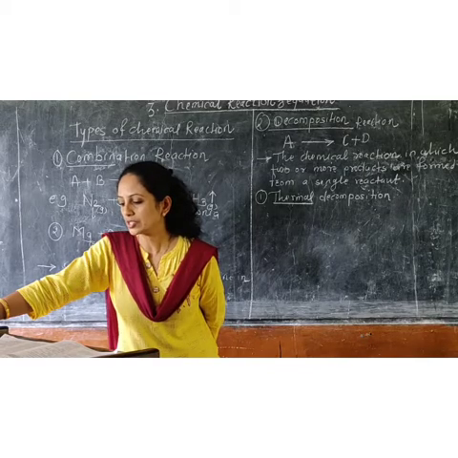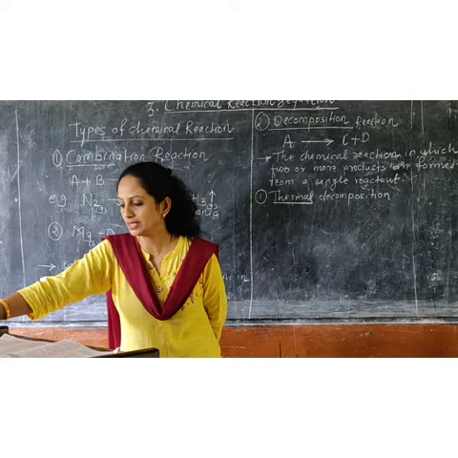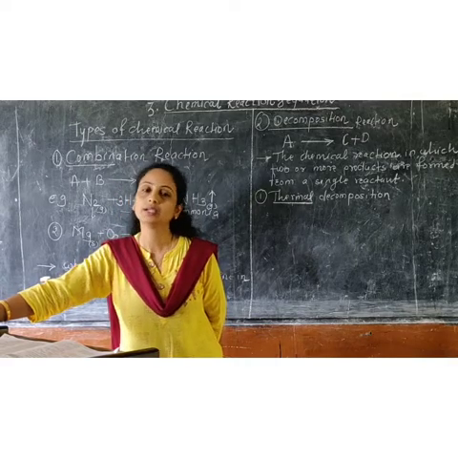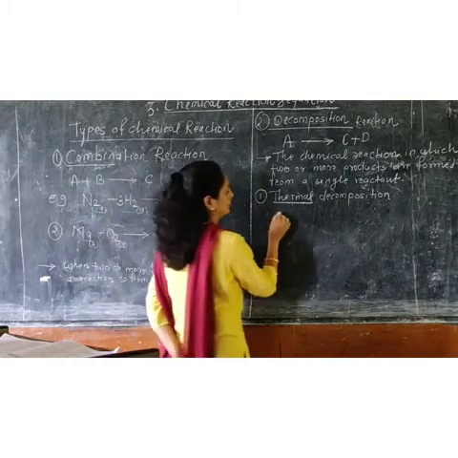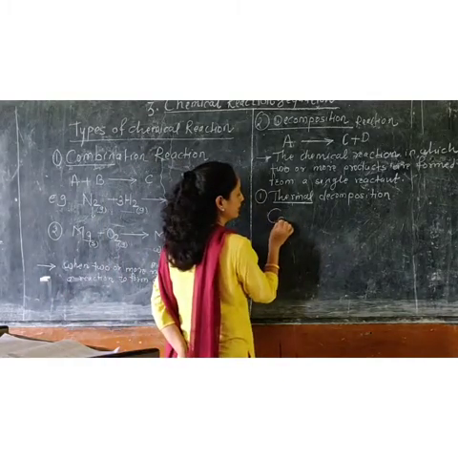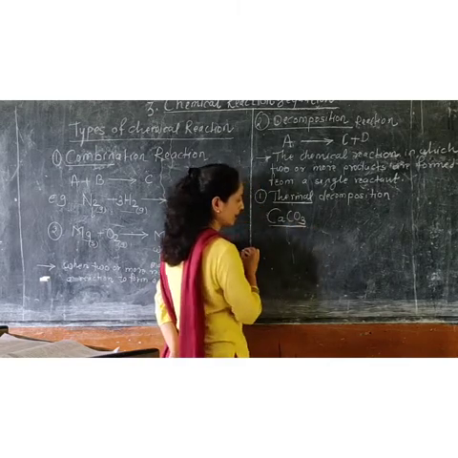Suppose at high temperature, calcium carbonate decomposes into calcium oxide and carbon dioxide. Calcium carbonate, as we know the formula, CaCO3, is the reactant.